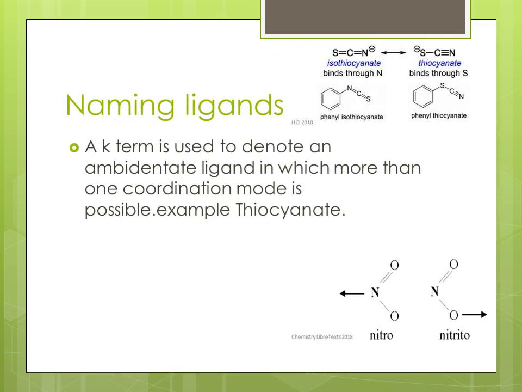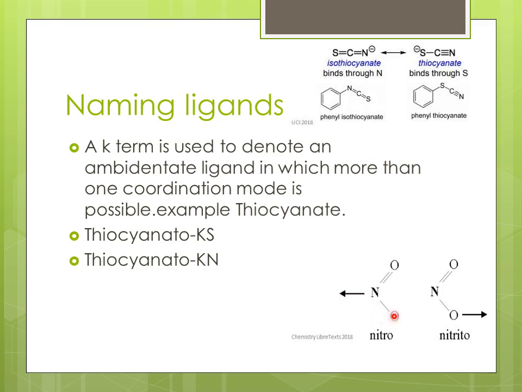Here a term kappa is used to denote an ambidentate ligand. An ambidentate ligand is one that can coordinate in more than one way. You can take the nitro group NO2, where N is the atom that donates the pair of electrons to the central metal.